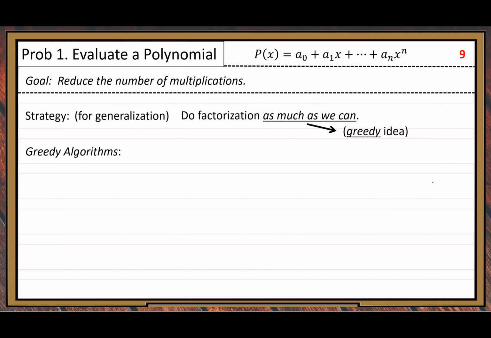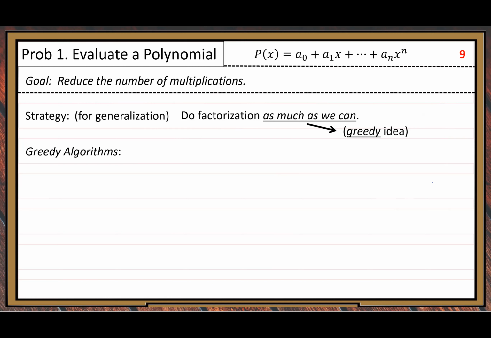Here, let me give you a brief introduction on the greedy algorithms. Actually, this is a topic in the later chapters in our textbook, very late.